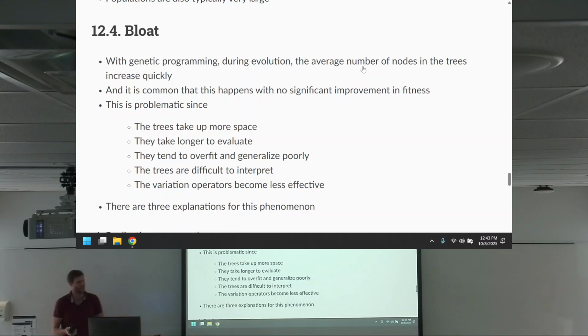If you restrict its size too much, can it be a sufficiently complex function to actually do what you need it to do? So there's a bit of a question there, and there's also a very interesting phenomenon that over time, as you run your genetic programming instance, the population of trees, the S-expressions that you're evolving, get bigger and bigger and bigger.